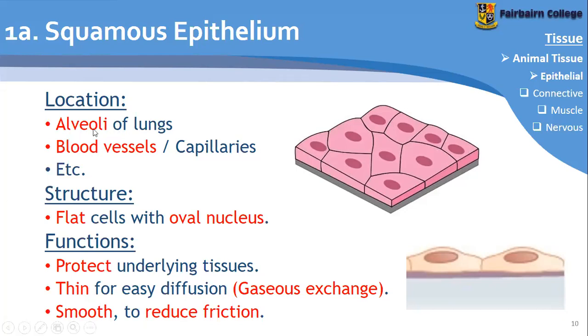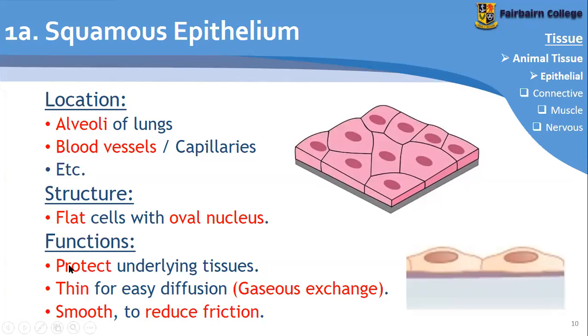And the reason why we find it specifically in this location is because it's linked to the structure. So let's quickly look at the structure. As discussed, the squamous epithelium is flat, meaning they're quite low, have a low profile, unlike the others which are quite tall, and they have an oval nuclei.